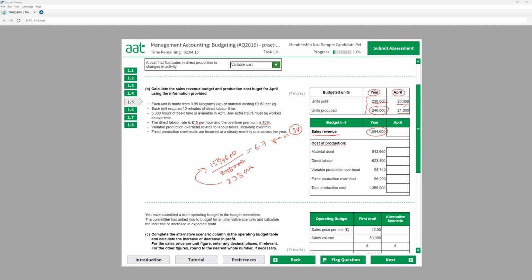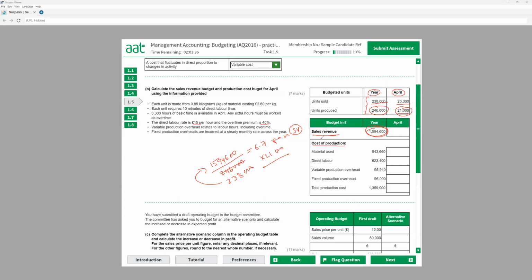If we sold 21,000 units, multiply by 21,000. Let's try once again. We have 1,594,600 divided by 238,000.